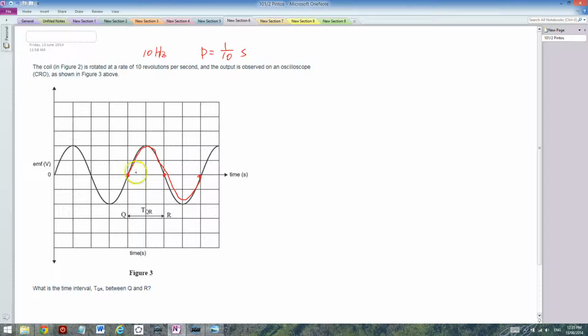The whole period is this, but this part between Q and R is only half. So the time is going to be 1 on 10 times half, which is 1 on 20 or 0.05 seconds.